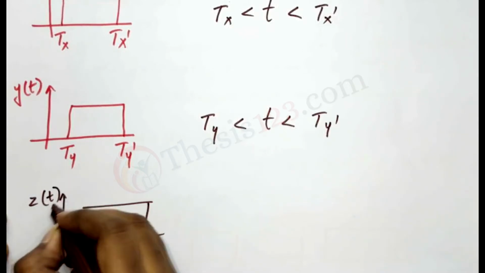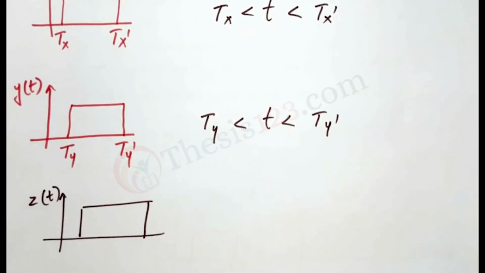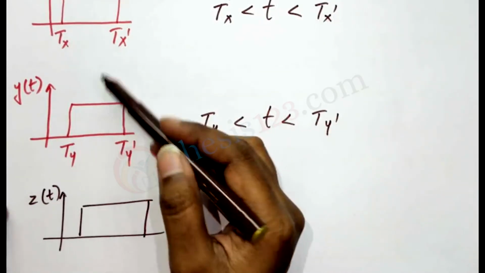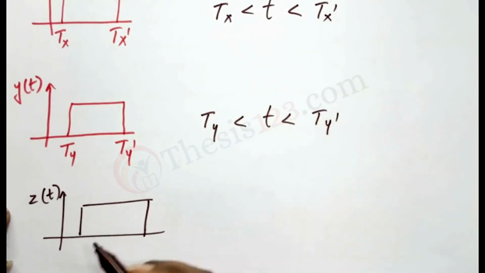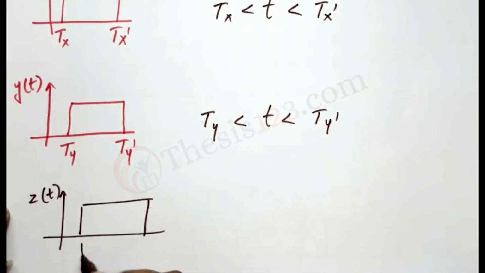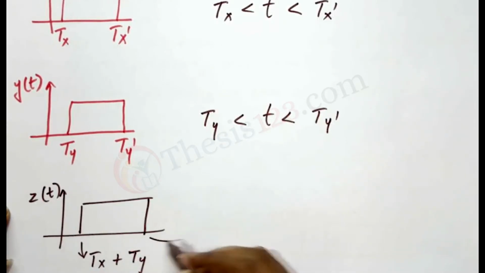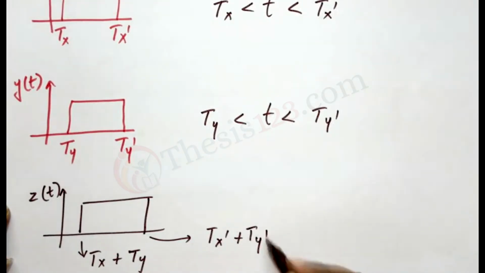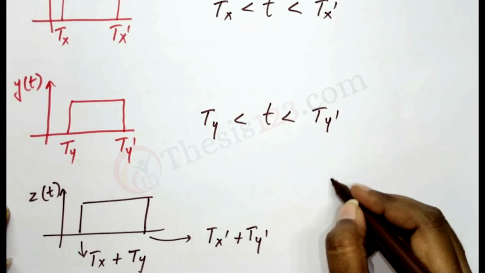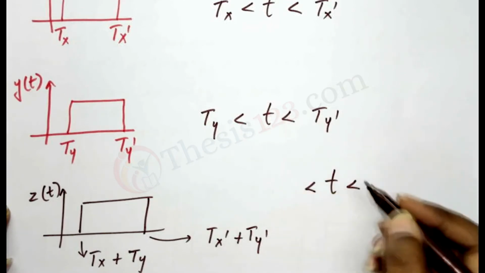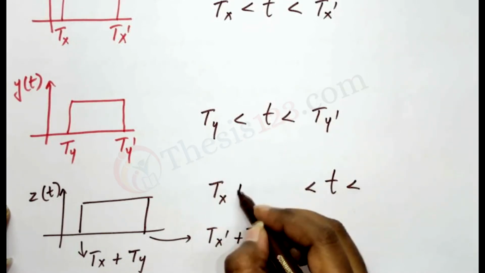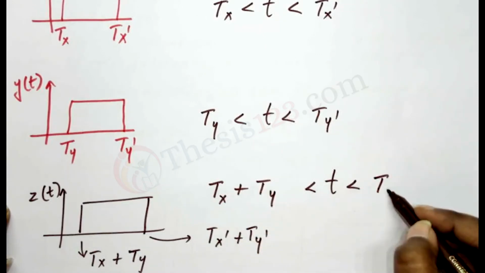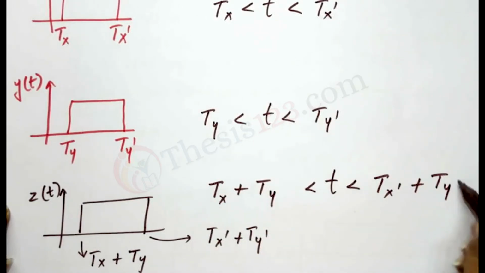So, as I mentioned earlier, the range of z of t is the sum of the lower limits of both these functions and the sum of the upper limits of both these functions. So that means that here the lower limit would be tx plus ty, and the upper limit would be tx dash plus ty dash, which means that the function is non-zero where t lies between tx plus ty and tx dash plus ty dash.